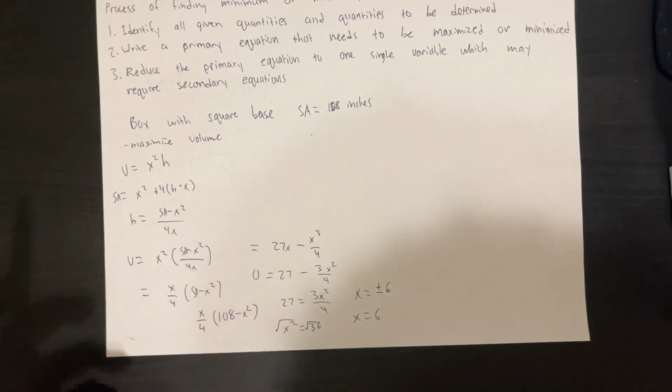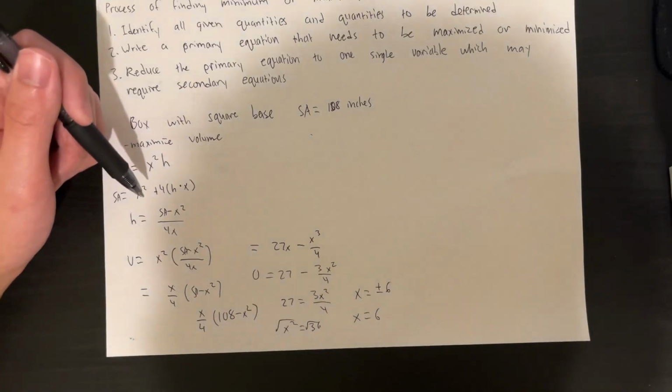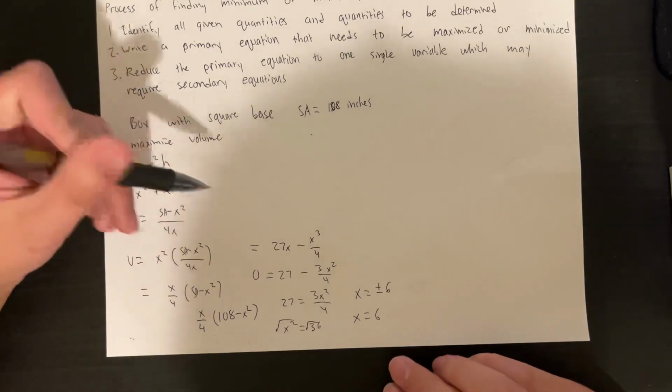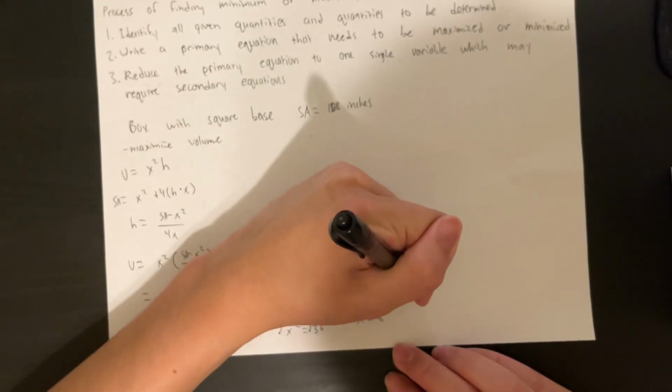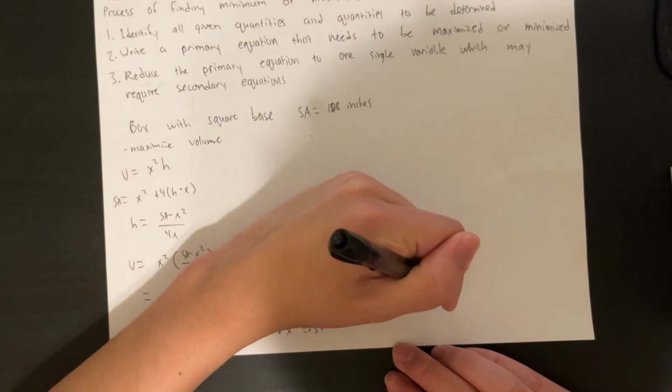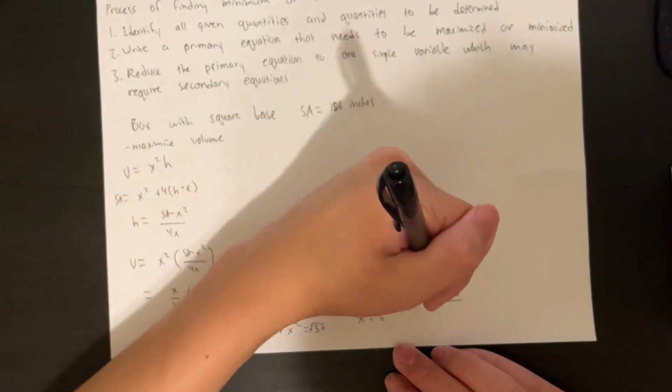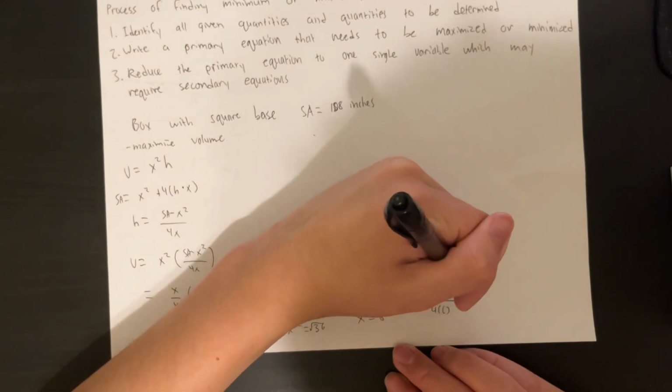Now we can find our height by plugging it into the original equation we had here. 108 minus 36, 6 squared, over 4 times 6 equals 3.